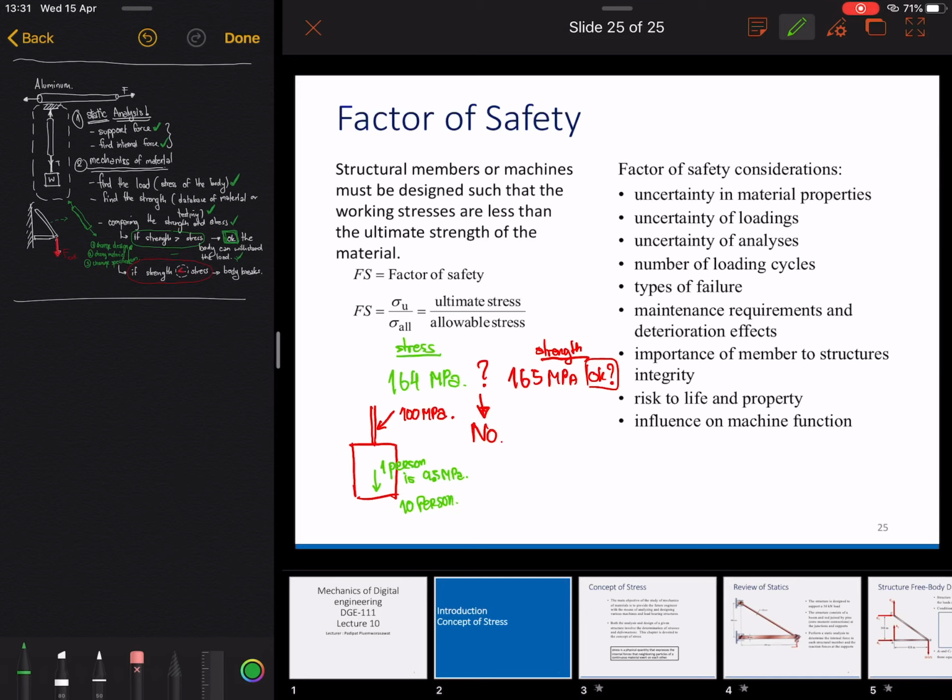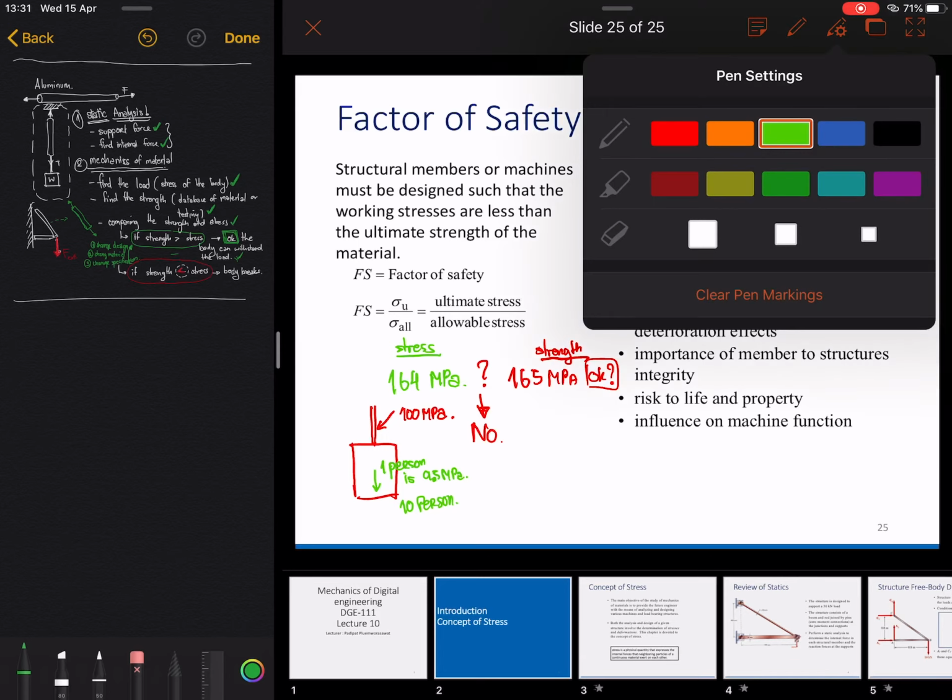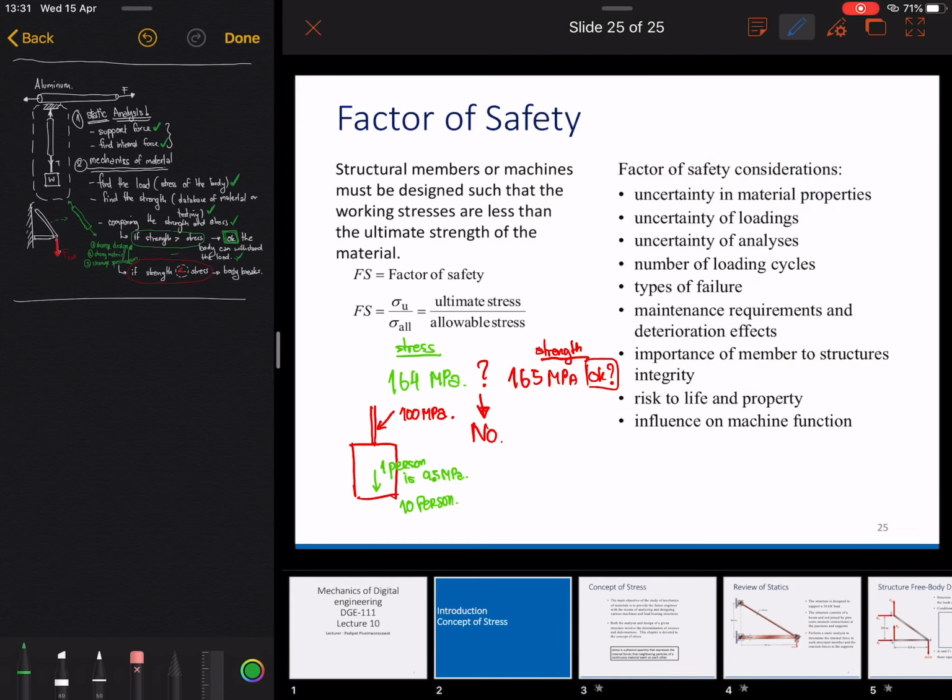Is it really okay? Really like this? No, because you know there is some uncertainty. Even though you design this to be 100 megapascal, how can you be so exact? For example, the production process of this cable.